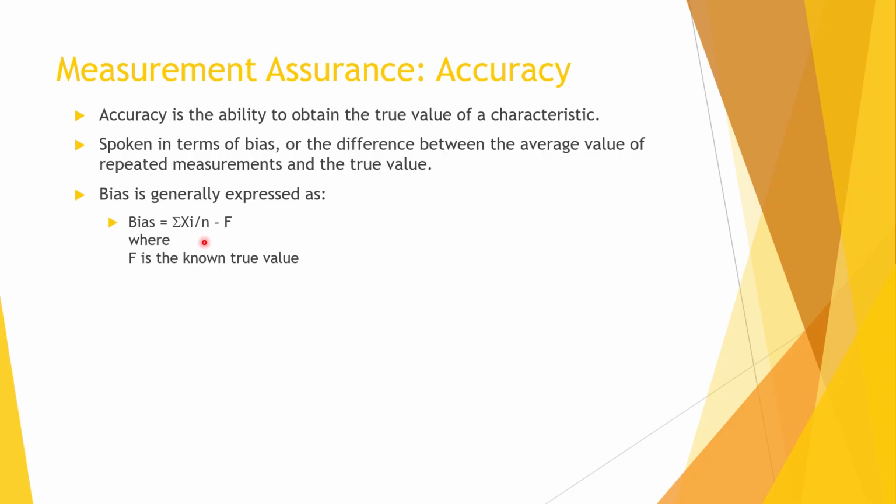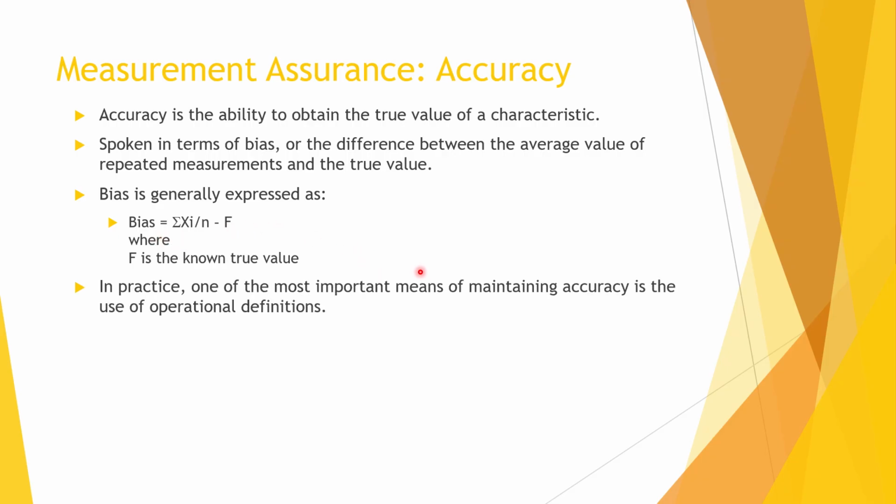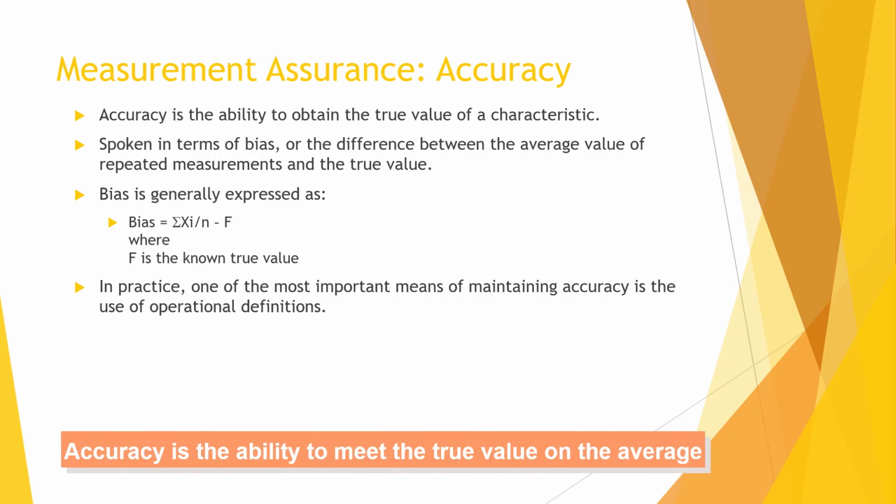So I tell my students, whatever the observed value is minus the true value. In practice, one of the most important means of maintaining accuracy is the use of operational definitions. Accuracy is the ability to meet the true value on the average.